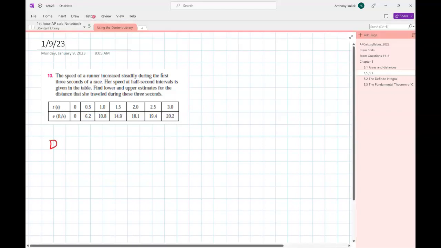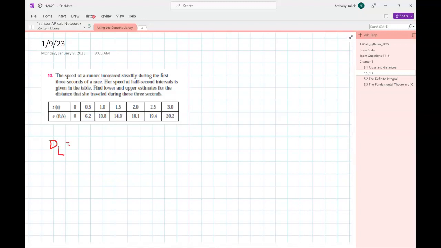So we'll do the lower estimate first, which is the left-hand sum. So that's going to be using the left rule. So that's going to be the first one. And our delta x here, we can see from the table, and it tells us in the problem, is going to be half a second. I notice the unit for my velocity is already in feet per second, so I don't have to do any unit conversion there. So we're just ready to roll.